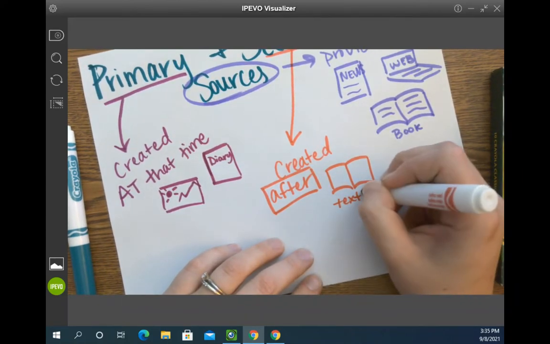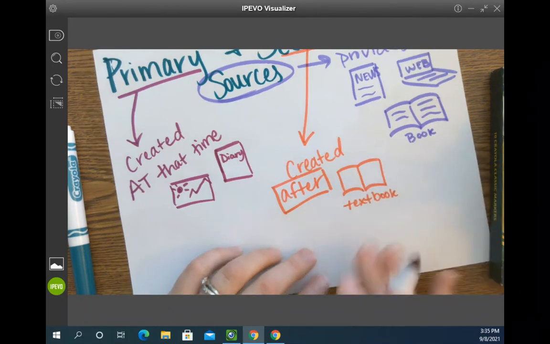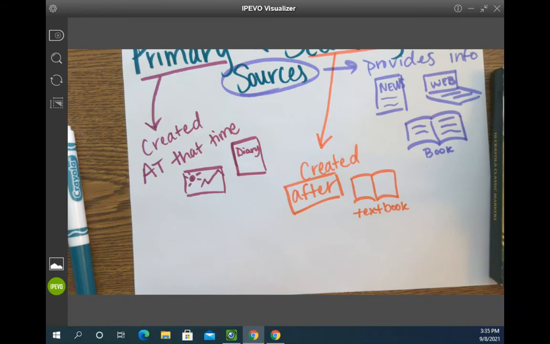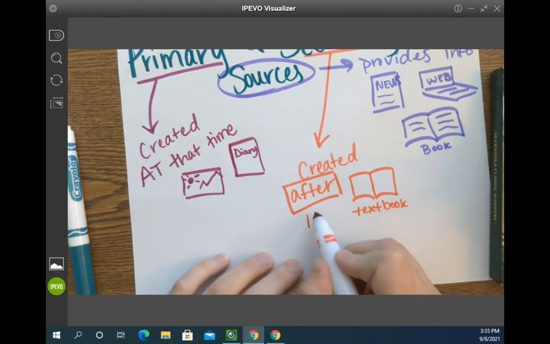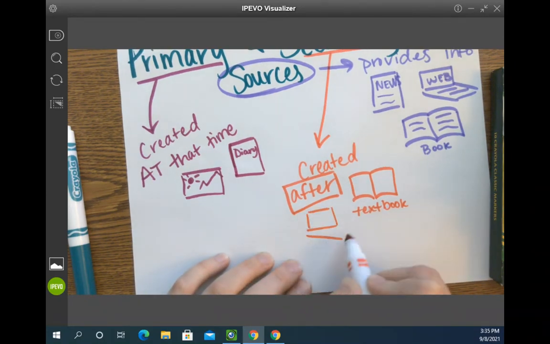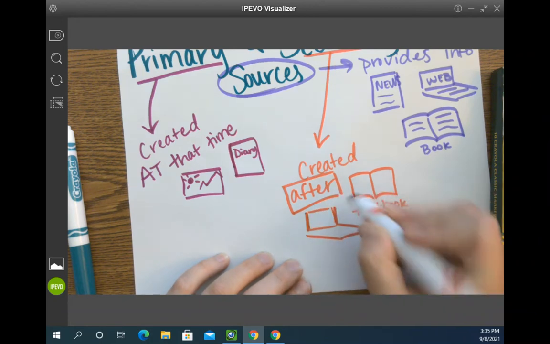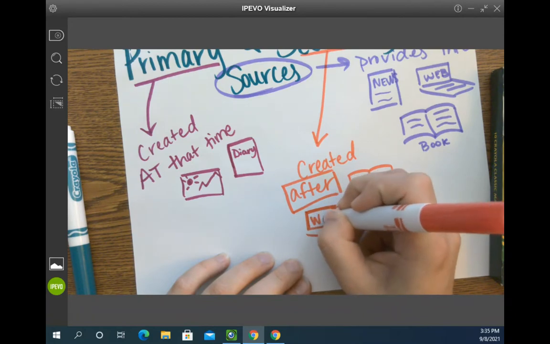Those are not created at the same time that Native Americans lived, right? They were created after to educate you. Websites created after that time period. The internet has not existed forever.